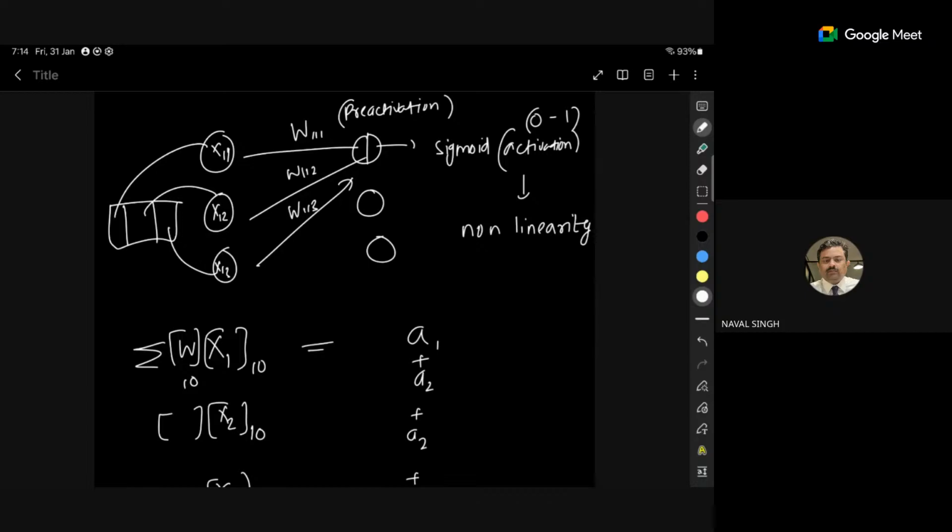So when you give wx plus b as the input and you do g of a, say a is 0.4 and the output is say 0.6, whatever, as the a value increases, g of a should also increase. Is it possible that g of a will be the same for different values of a?